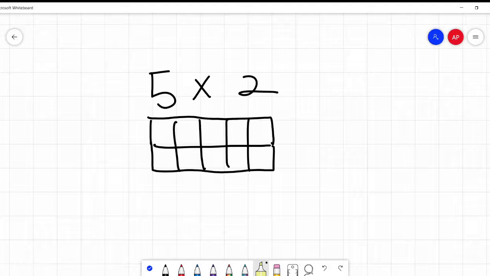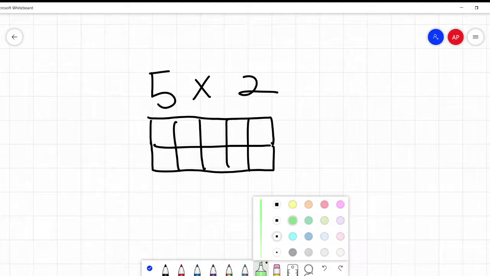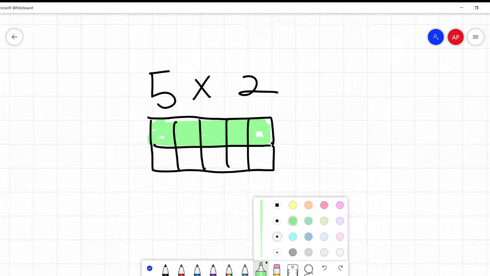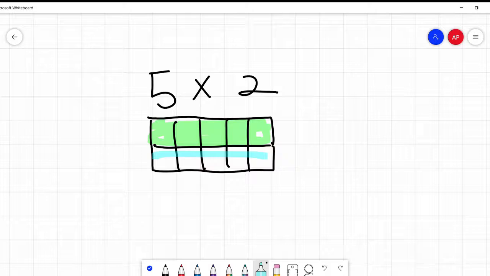Ugh, it looks like creepy teeth. But anyway, I have 5 blocks and I have 2 stacks of them. 5 times 2, and that is 10. And we can count 1, 2, 3, 4, 5, 6, 7, 8, 9, 10. There are 10 blocks here.